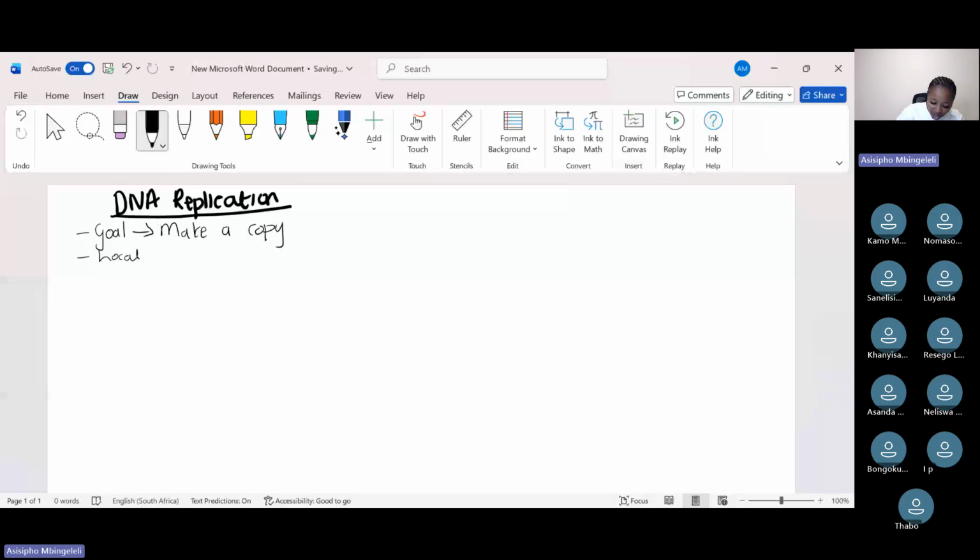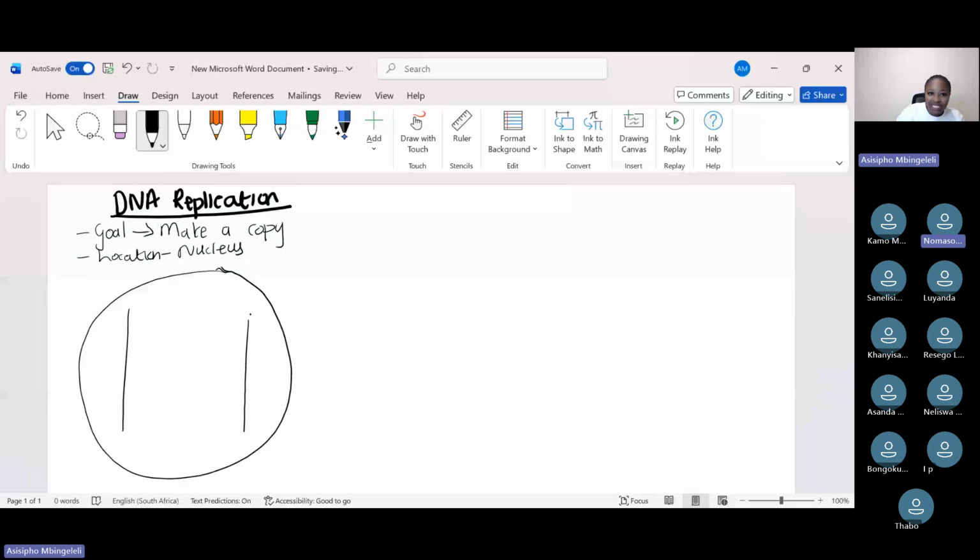So both strands will then be called template strands. Since we are using this one as a template, we'll refer to it as a template strand. Since we are also using this one as a template strand, we'll refer to it as a template strand. We can also refer to it as a coding strand. Template, but sometimes in an exam they call it coding. So this one can also be called coding strand.